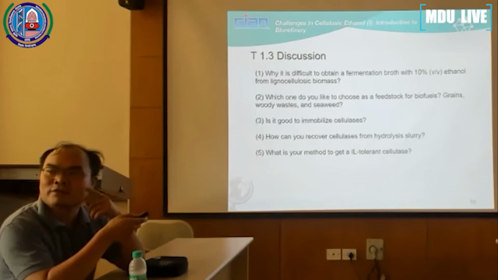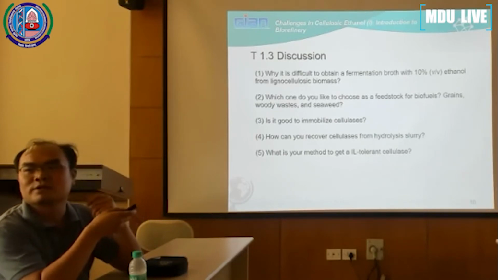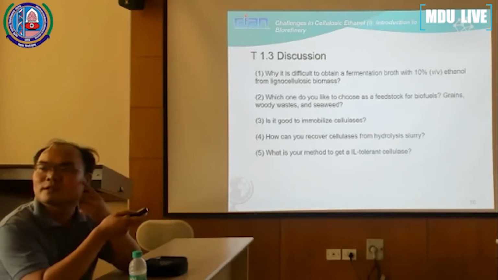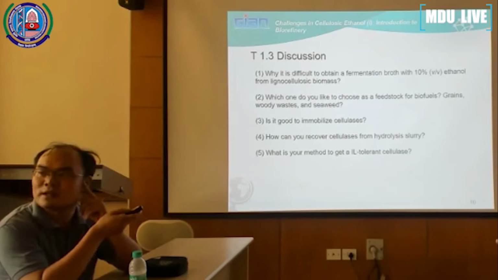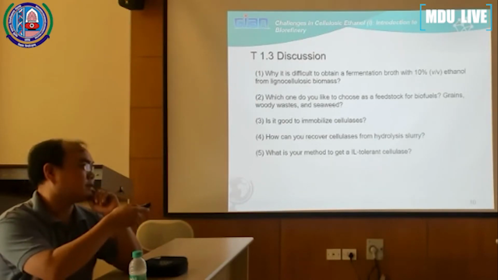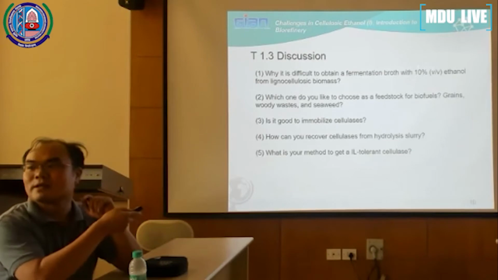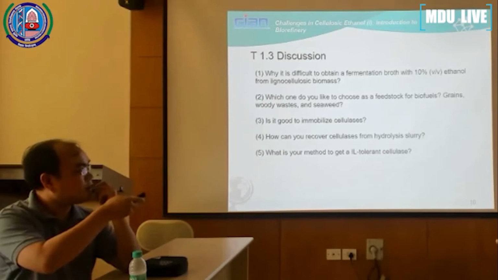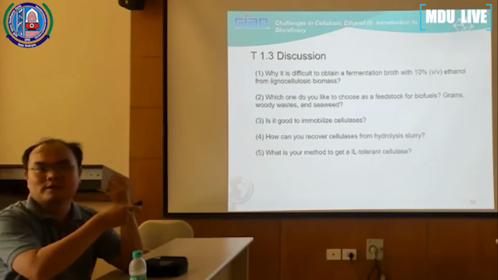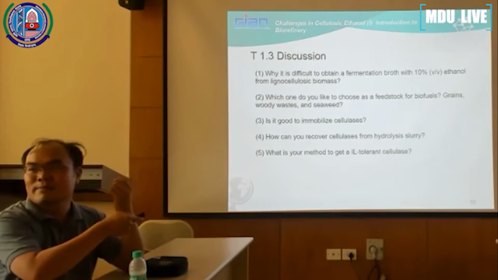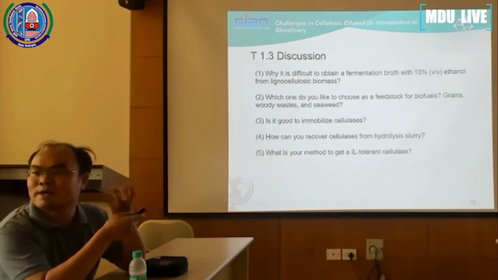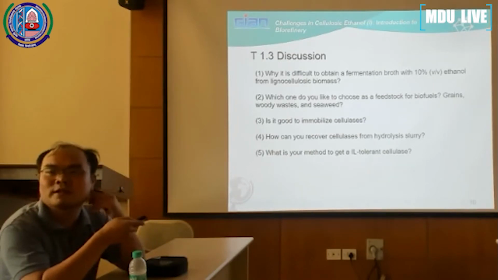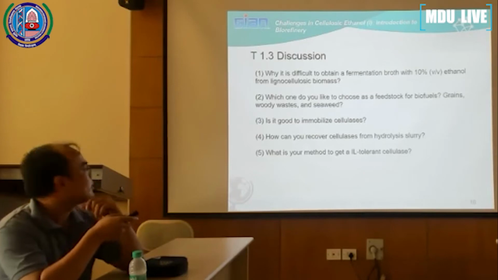For the distillation of ethanol in water solution, we have to use heat, right? It consumes energy. If it's 10%, it means 1 part ethanol and 9 parts water. If it's 1%, it's 1 part ethanol and 99 parts water. Totally different. But why is this difficult?